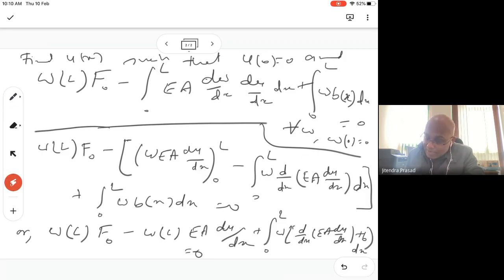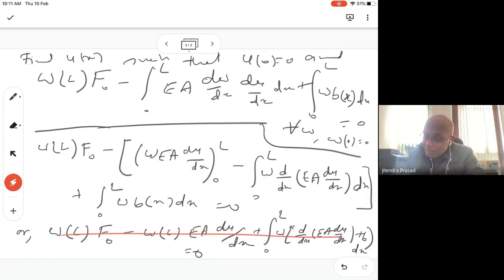I will combine this and this, since minus becomes plus. And given that W0 equal to 0, you put that value, and we are left with this one.